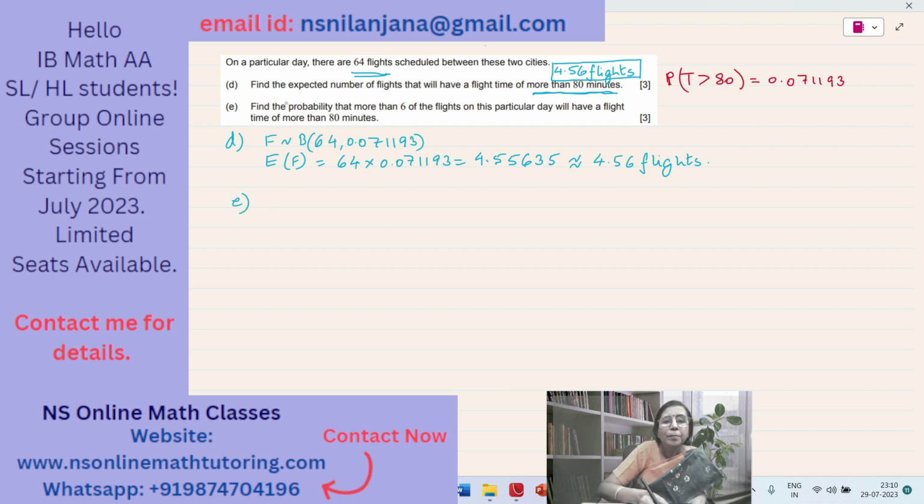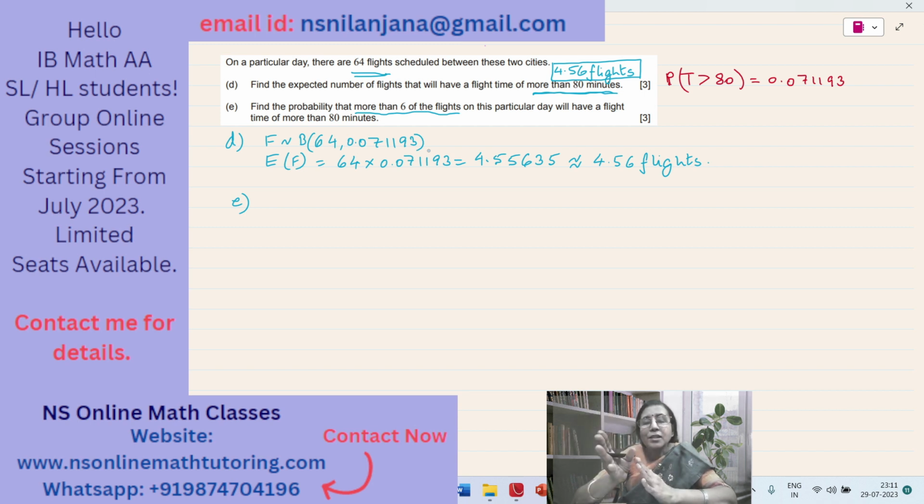Subpart E says find the probability that more than 6 of the 64 flights flying between these two cities on this particular day will have a flight time of more than 80 minutes.